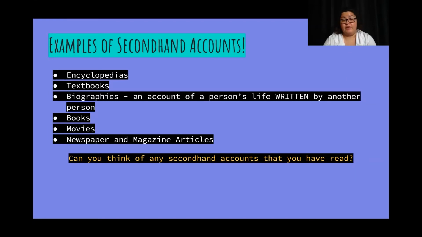If we were reading a biography on my life, I wouldn't have written it. It would have been written by someone else. Other examples of secondhand accounts are books, movies, newspaper, and magazine articles.